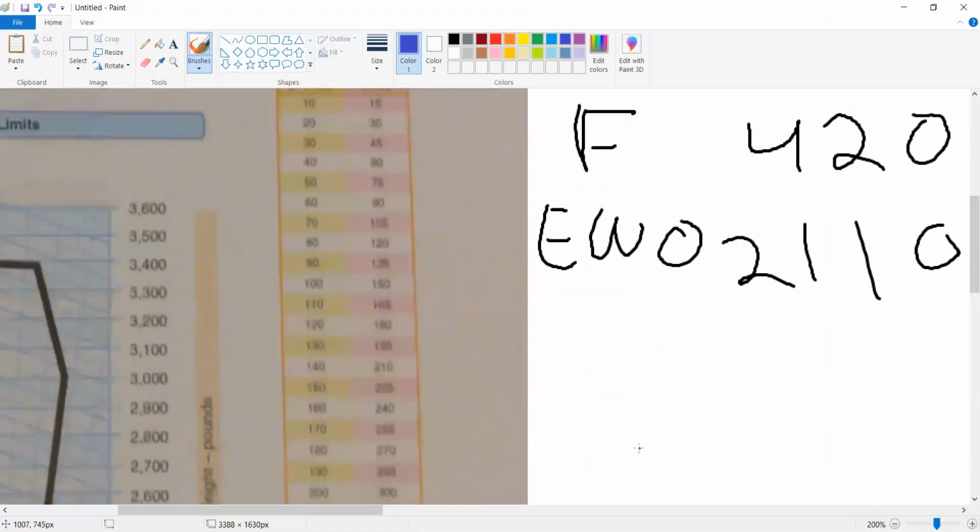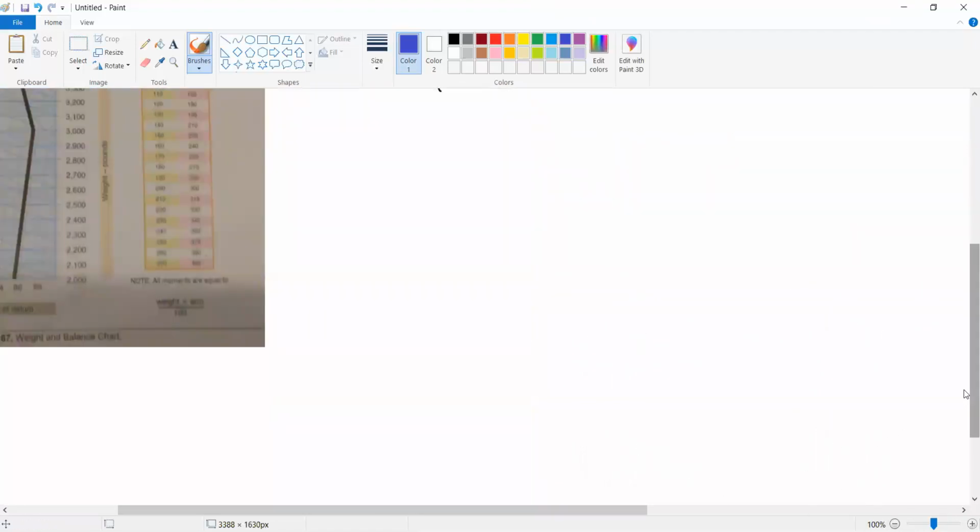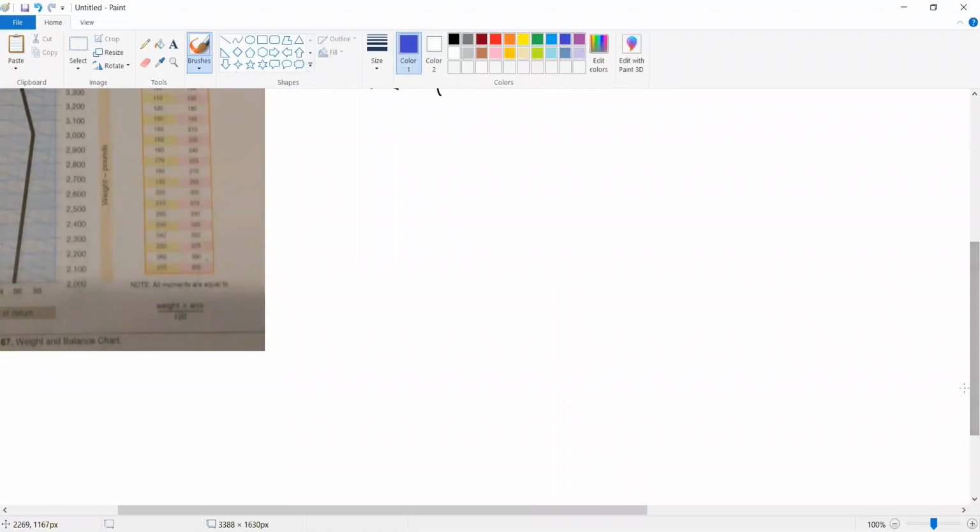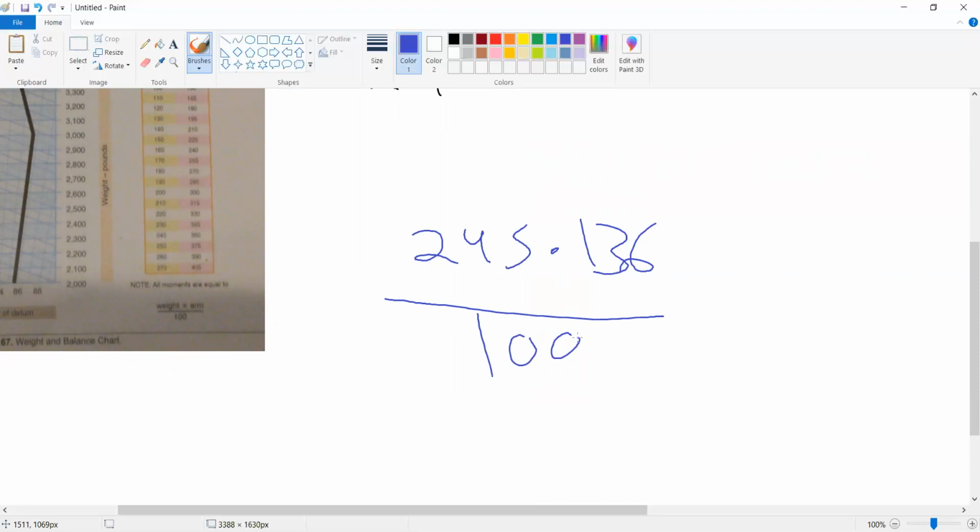Let's go down here. The number we have is 245 times the arm here, which is 136. Now, because we are doing this math here, just like how we did for the empty weight, we have to divide this over 100, because the empty weight was over 100.